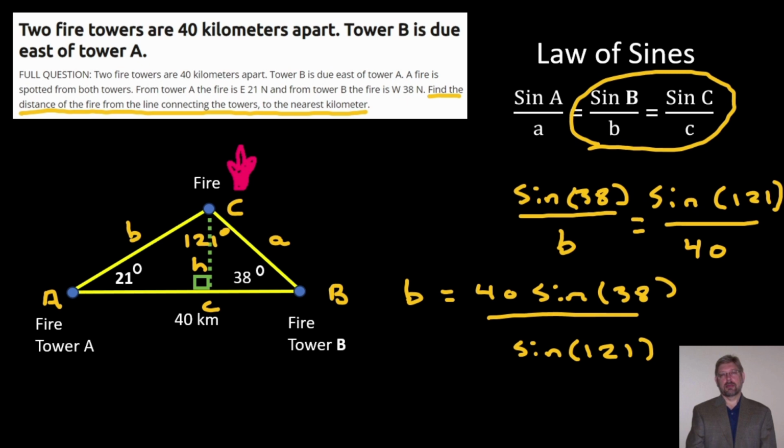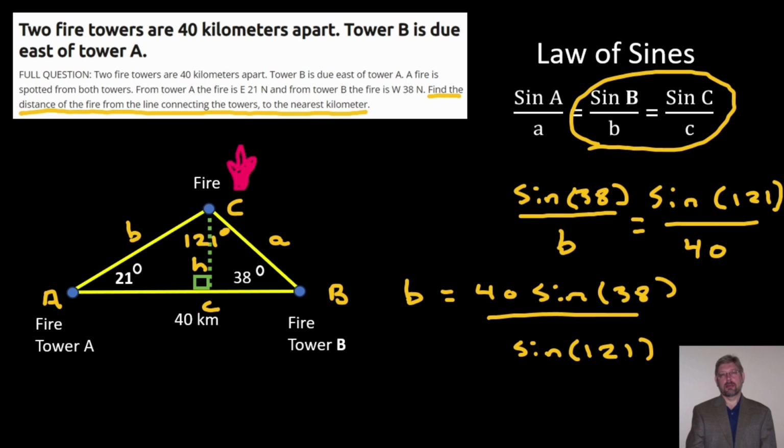Now we're working with degrees. If you're using a calculator, if you're using radians, make sure it's set up for the radian angle measure. If you're using degrees, make sure it's set up for degrees. So I've already done that.